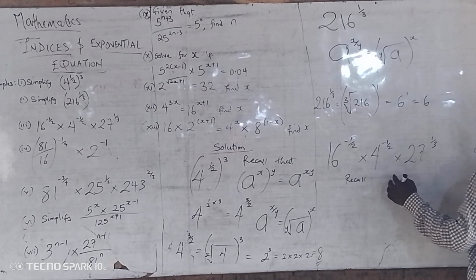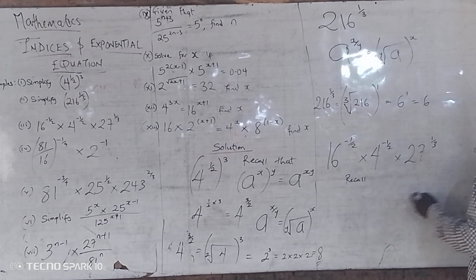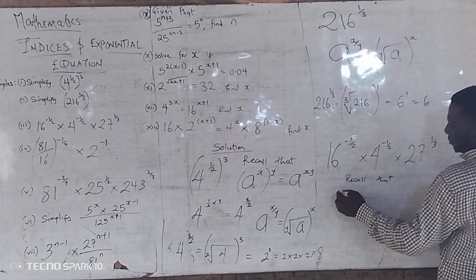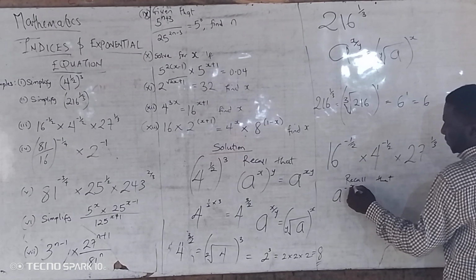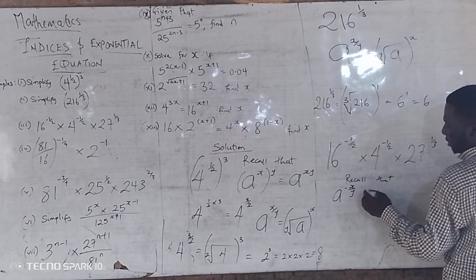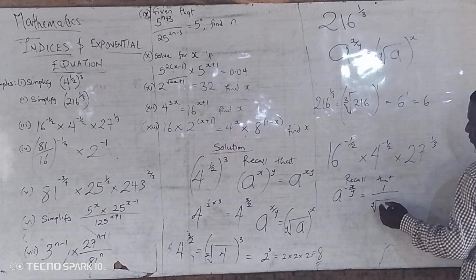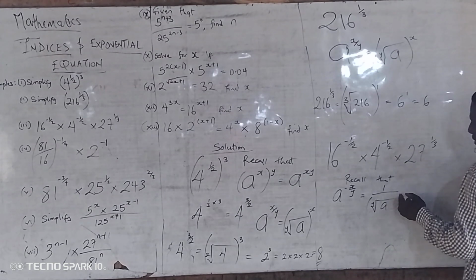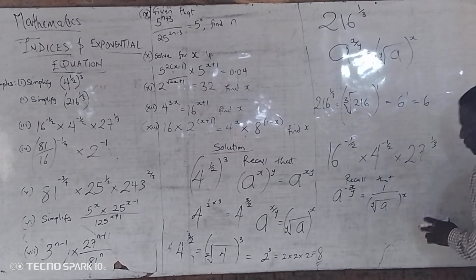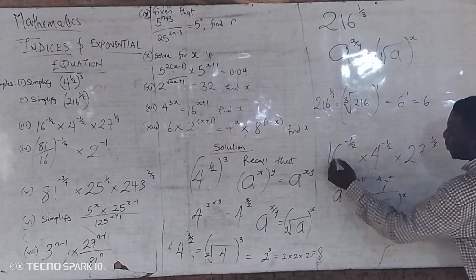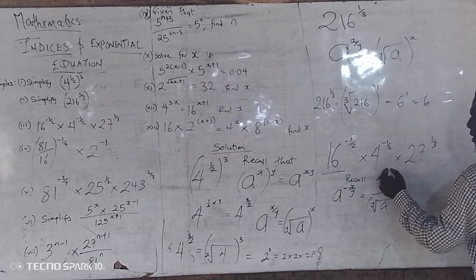Very soon I won't do proper analysis like this any longer, because by then we should have understood, I hope so. So we recall this law that a raised to the power negative x over y is equal to 1 over the y-th root of a to the power of x. So this is what it looks like. So now we use this law, we work for this first number and this number.